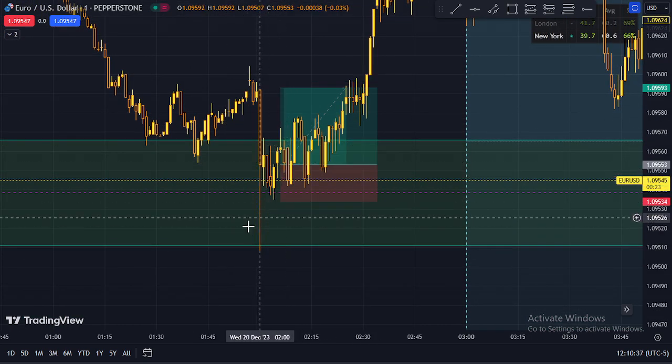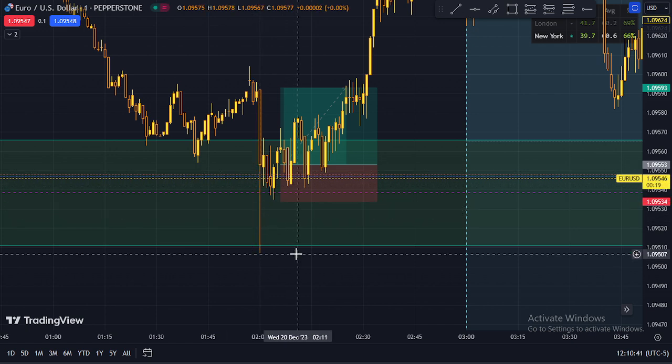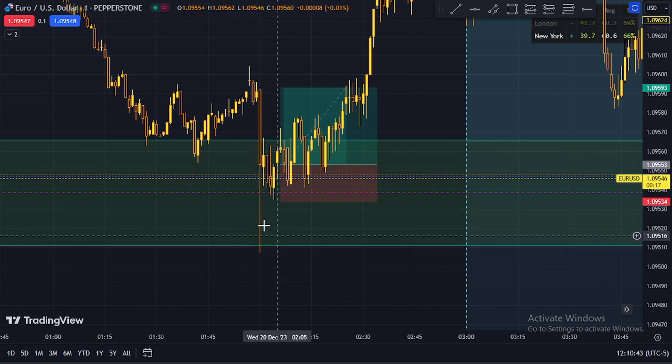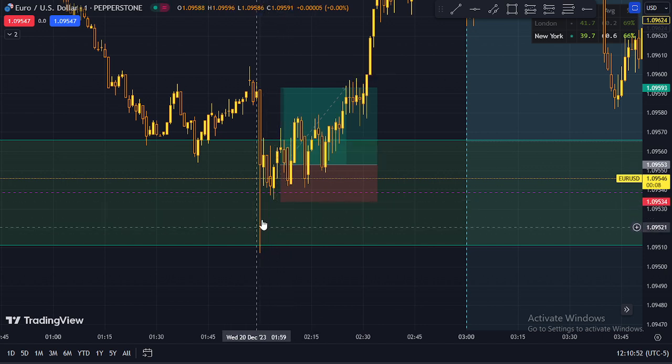Price might trade into the midpoint of this week, because we treat weeks as gaps. So you can always anticipate and expect that to happen for it to trade into the midpoint of a week.